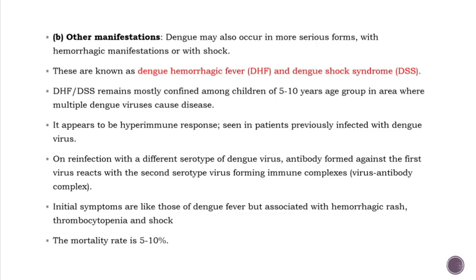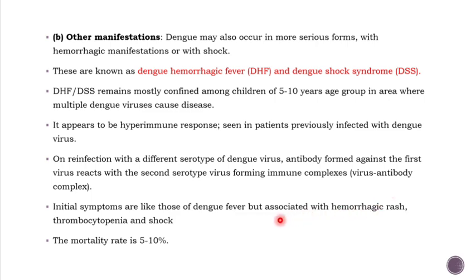There will already be antibodies formed against that particular serotype, right? So if the same person gets infection with another, different serotype of dengue virus, what happens? The antibodies formed against the first serotype, which are already present, react with the second serotype of the virus, forming an immune complex, that is an antigen-antibody complex, or virus-antibody complex, which leads to most severe complications.